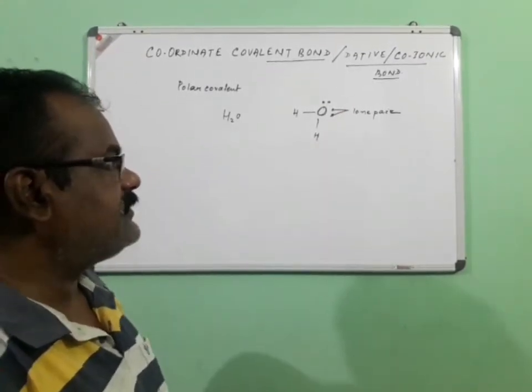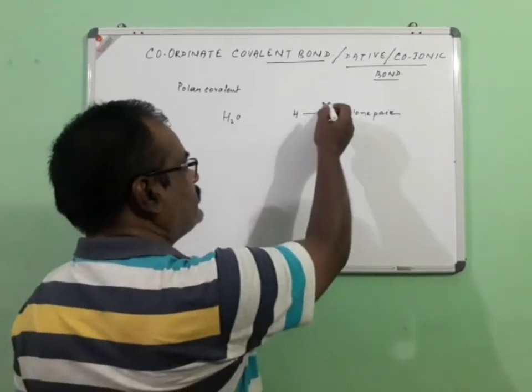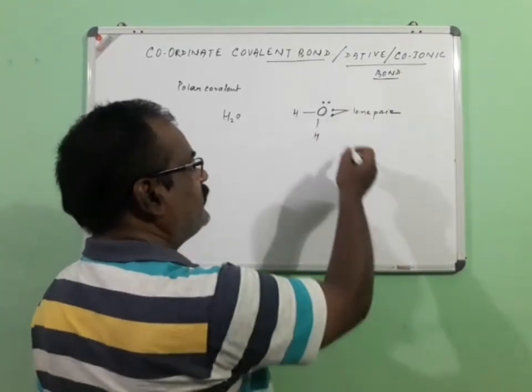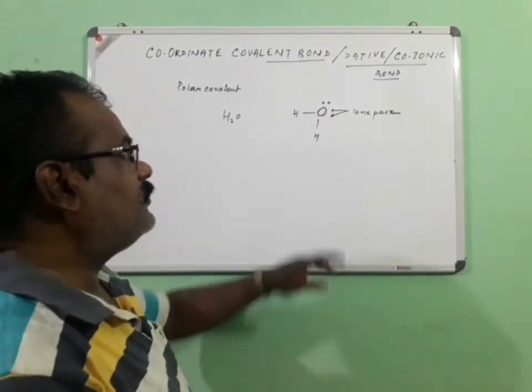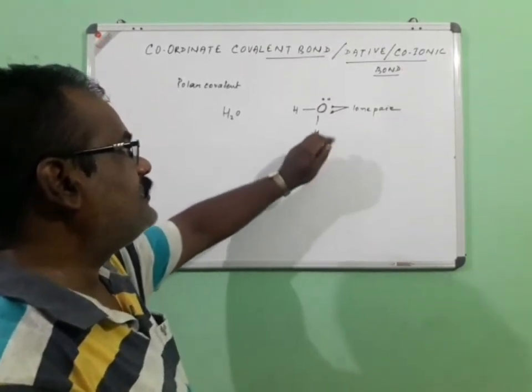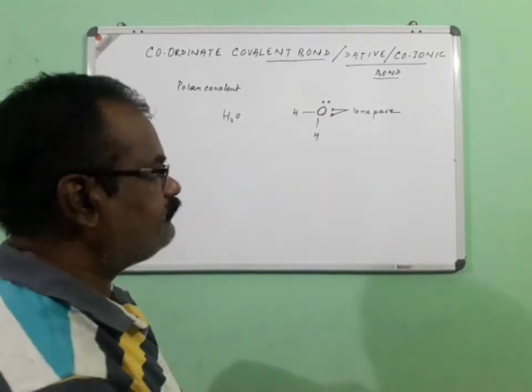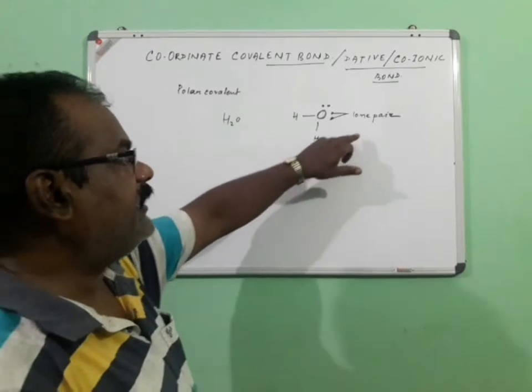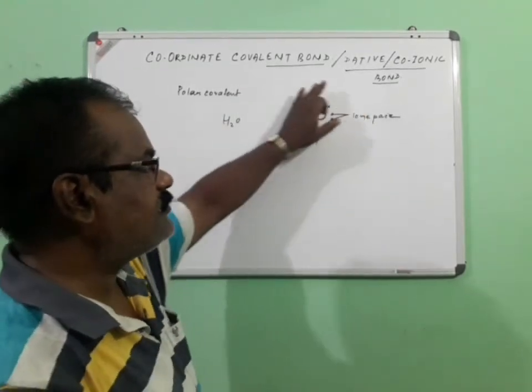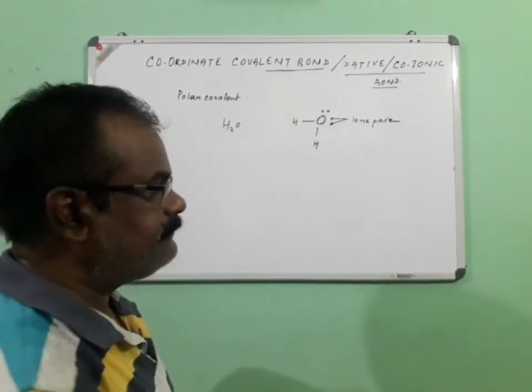In such cases, these lone pairs are completely shared from the oxygen, or the constituent atom which has more electronegativity, in such a manner that the entire unit behaves just like one charged particle.